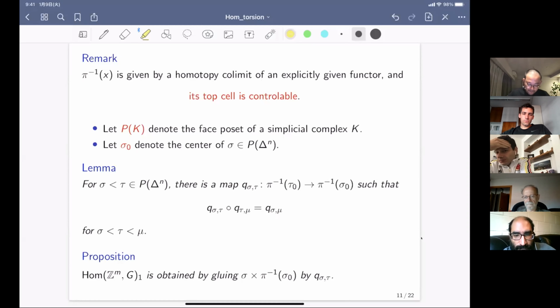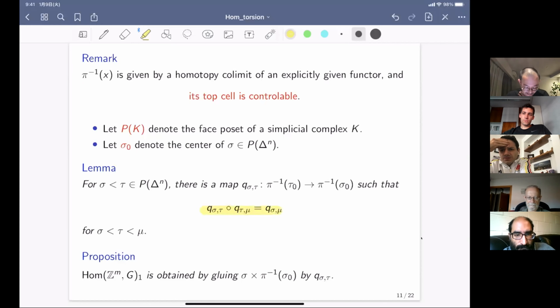Then we have this nice lemma. If sigma is a face of tau, where sigma and tau are faces of delta n, then there is a map from pi inverse tau 0 into pi inverse sigma 0, having this functoriality.